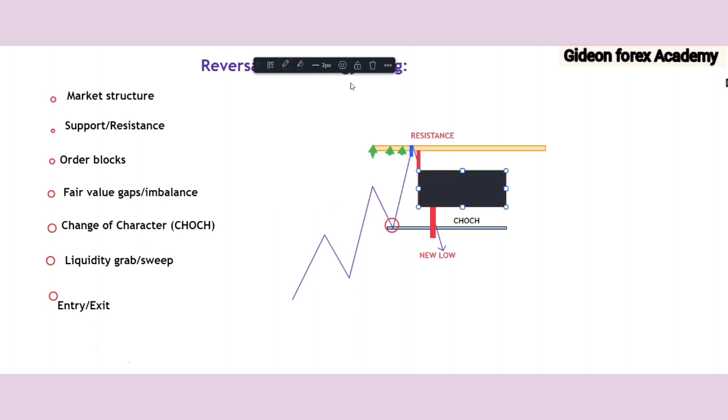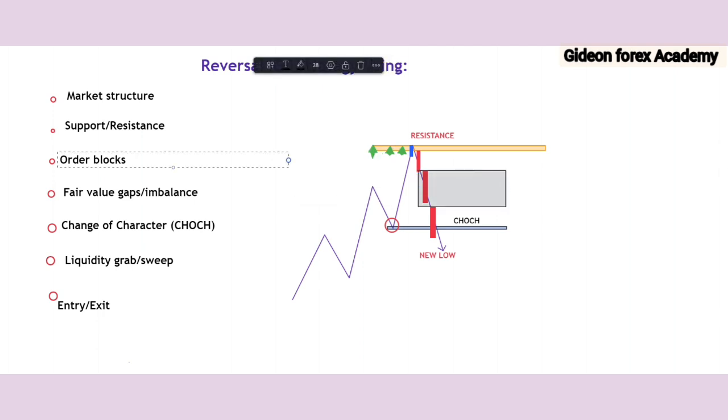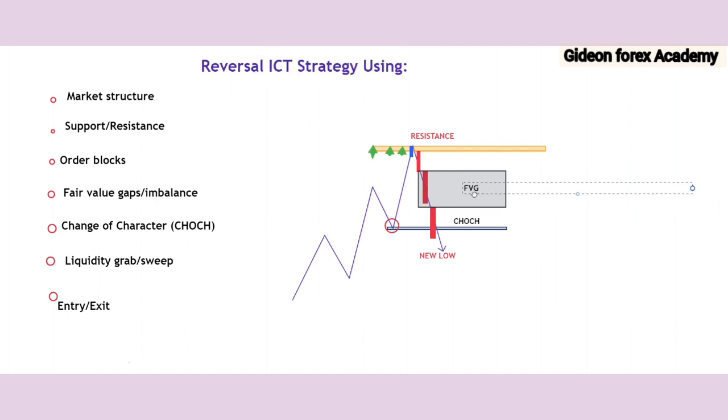So there will be a gap formed in between there. This is a fair value gap. There is an imbalance here where sellers were aggressively in control, with little or no buying pressure at all. So it forms an imbalance that forms that fair value gap. There is an imbalance in the market.